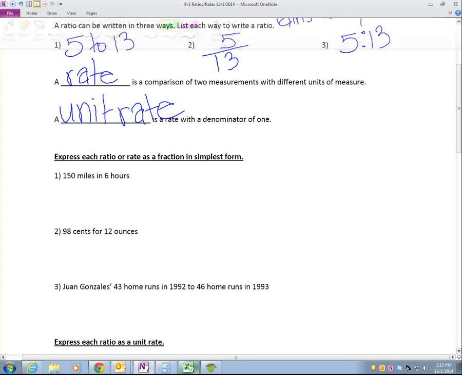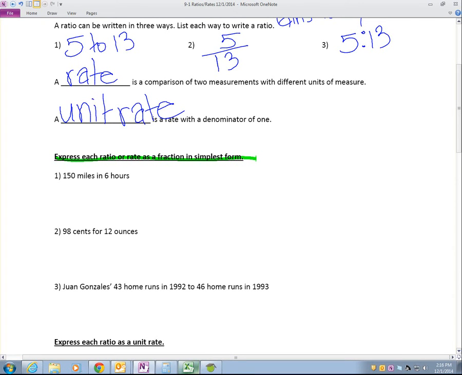Now when I see this here and it says express each ratio or rate as a fraction in simplest form, the reason I want you to have your homework out and your notes is because, if you recall in the first test, there were questions you didn't know how to answer because you weren't paying attention to the way they were being asked, despite me using that vocabulary.